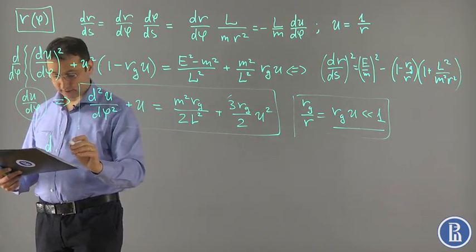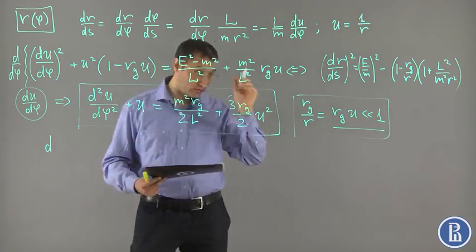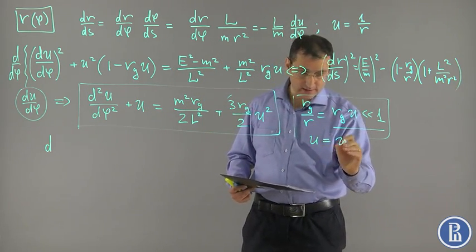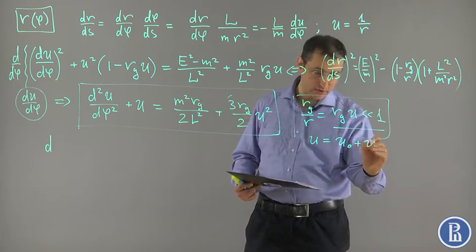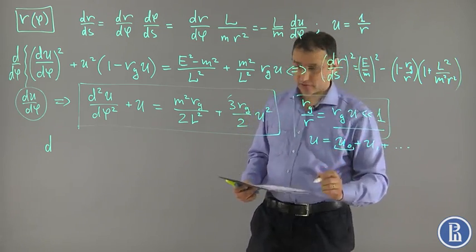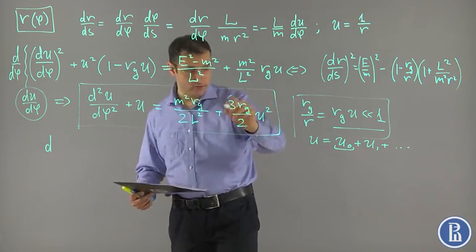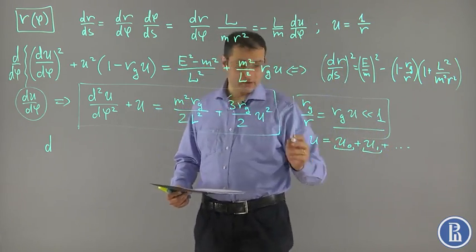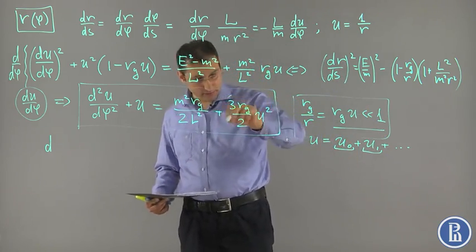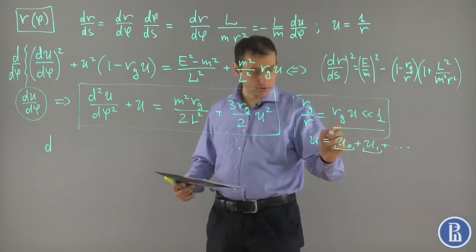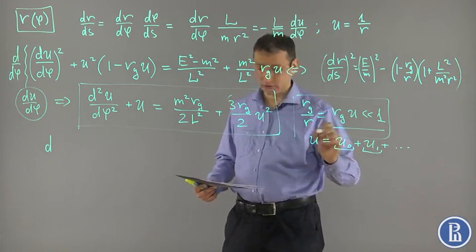We're going to consider u expanded as a perturbation, u0 plus u1 plus etc. So this u0 is a leading term which solves this equation without this term, and u1 is a perturbation over this due to corrections coming from this term. So let us consider the leading contribution, the Newtonian limit.